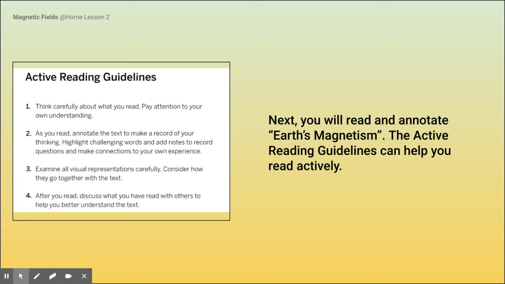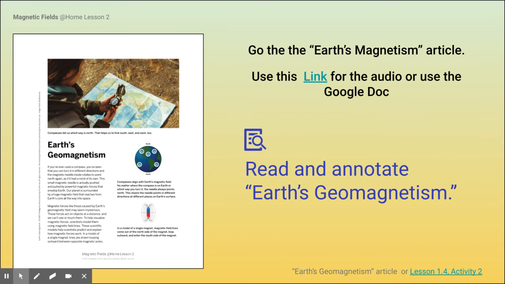Examine all visual representations carefully. Consider how they go together with the text. So there's a lot of diagrams in this reading. You really need to pay attention to those because they actually give you a lot of help. And after you read, discuss what you have read with others to help better understand it. So it's kind of like that reflection step. So next you will read and annotate Earth's magnetism. The active reading guidelines can help you read actively.